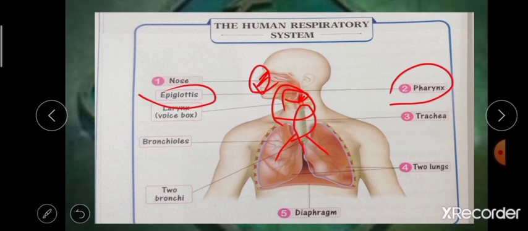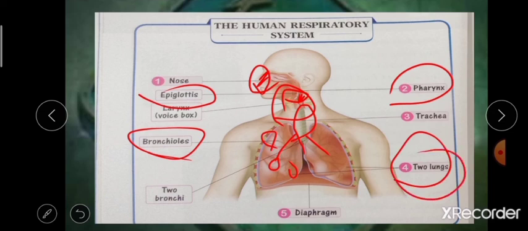Bronchus, two bronchi, one bronchus. Each bronchus divided into small bronchioles, which end with small air sacs called alveoli. These alveoli are surrounded by blood capillaries to make exchange of gases. And the bronchioles are inside the two lungs.